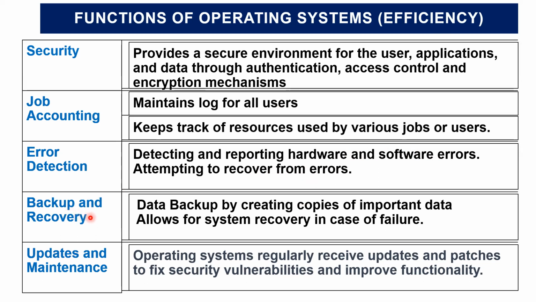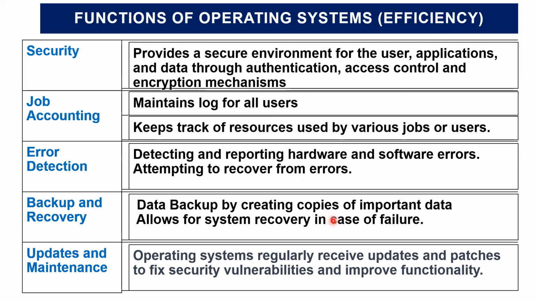Next function is backup and recovery. Data backup is one of the functions of the operating system, which is responsible for creating copies of important data, and it allows for system recovery in case of failure. Let us say the system that we are using currently fails.